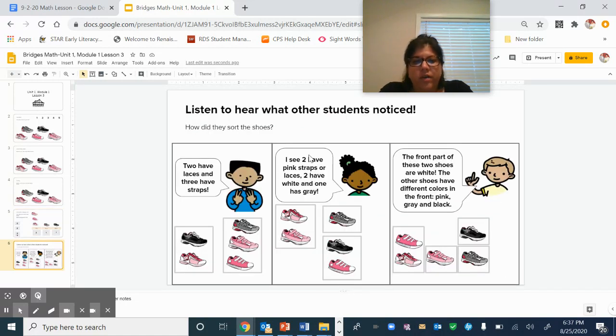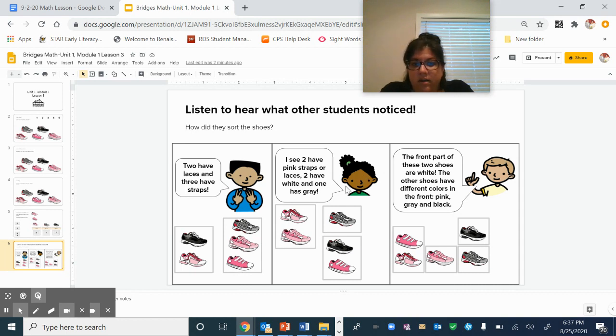All right, let's look at my last part here. Okay, so here's some pretend students over here, and they noticed some different things about the shoes and they sorted them differently. So let's see what they thought of too. Maybe you thought of this in your mind already, okay? This boy here said he sorted the shoes by laces and straps. So these 2 shoes had shoelaces and these 3 shoes had straps on them, or Velcro straps, okay?